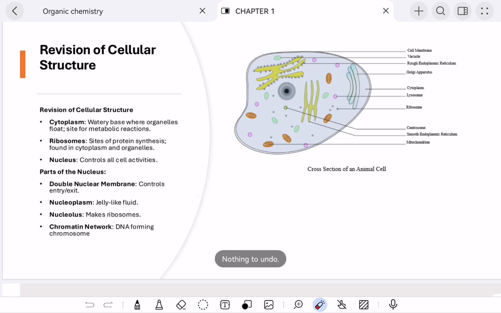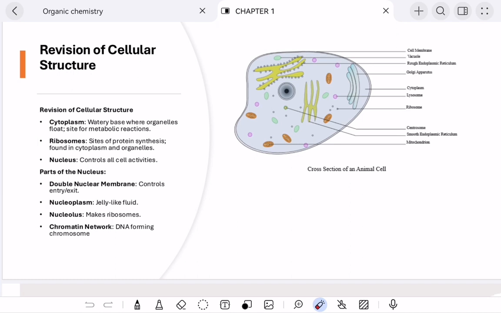When we were talking about the ribosome, we said it is found in the cytoplasm and some organelles. One of those organelles is the nucleolus, where they are formed and then taken into the cytoplasm, right?